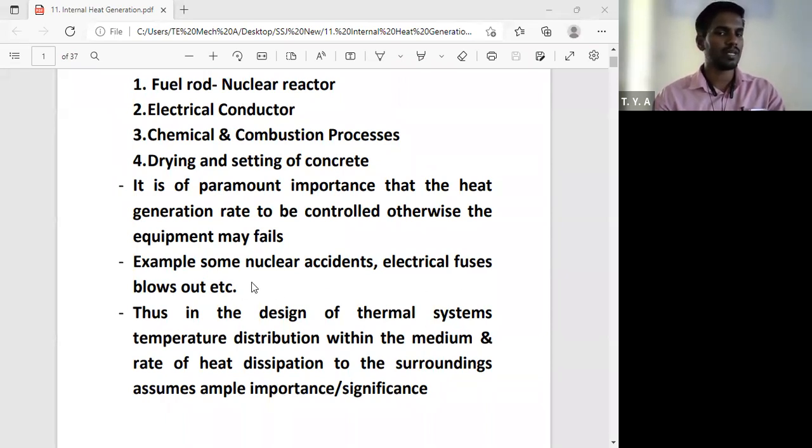These are examples where uncontrollable heat generation takes place, and some accidents will occur. So we have to maintain the heat generation within the element in a controllable manner.